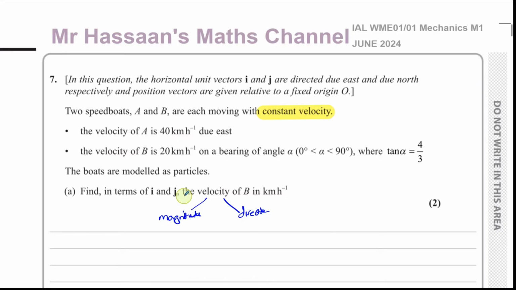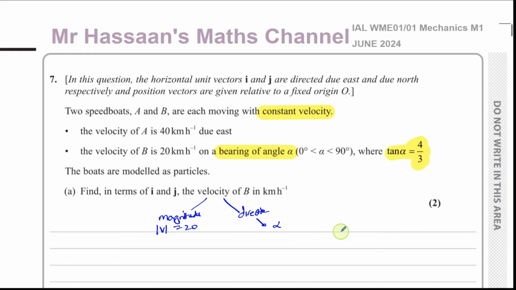The magnitude of the velocity for B is 20. That's its speed, so that's the magnitude part. The direction is given by the description of the bearing of angle alpha, where alpha is between 0 and 90 degrees, and the tangent of alpha is 4/3. So the direction is angle alpha from the north line.